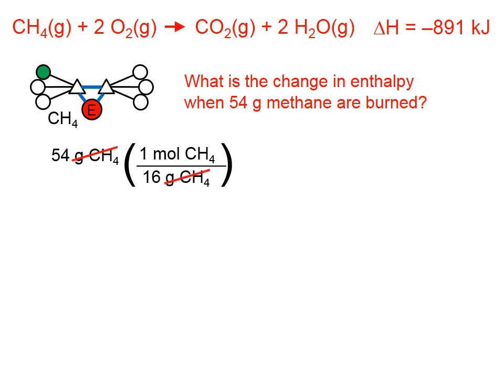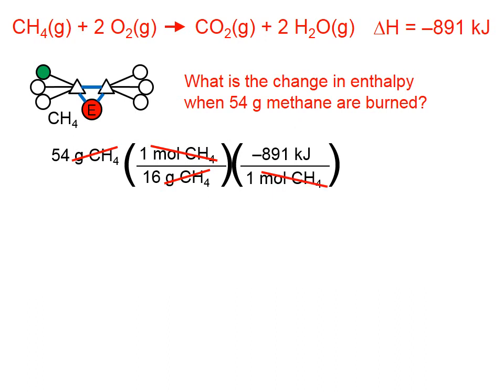We set this up so the units cancel, and then we need to go from moles of methane to enthalpy. So we need another conversion factor, and according to our balanced equation at the top of the screen, for every 1 mole of methane that's burned, the change in enthalpy is negative 891 kilojoules.